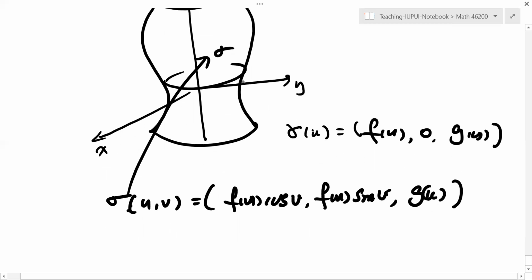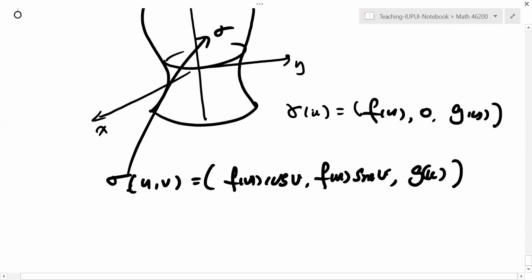It's a circle around the axis. So that's it. u is between a and b, and v has no restriction.